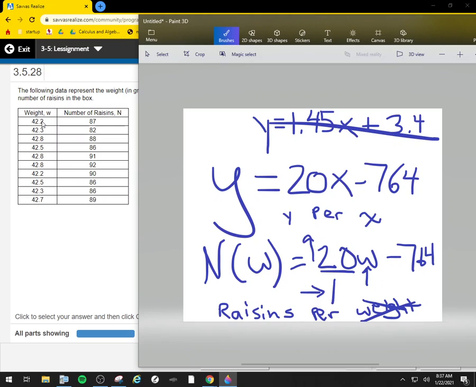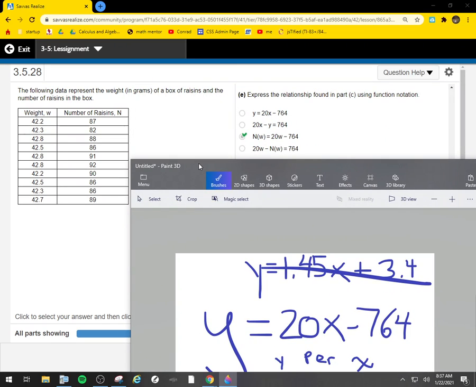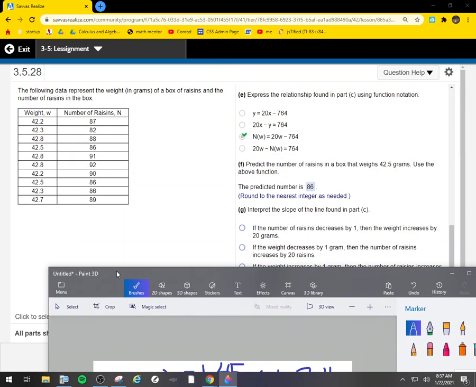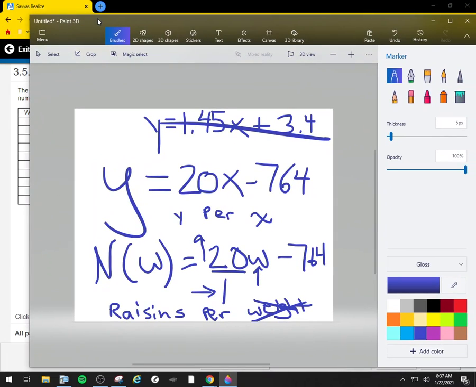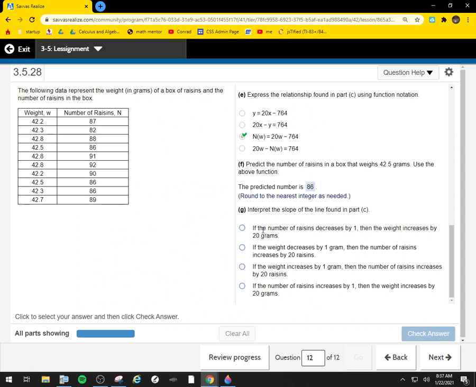Oh, it's 0.1, right? 0.1 grams. Raisins per 0.1 grams. So 20 raisins for every 0.1 grams. So we could say if the weight increases by 1 gram, oh, I'm wrong, not 0.1 grams, just 1 gram. If the weight increases by 1 gram, the number of raisins increases by 20 raisins.